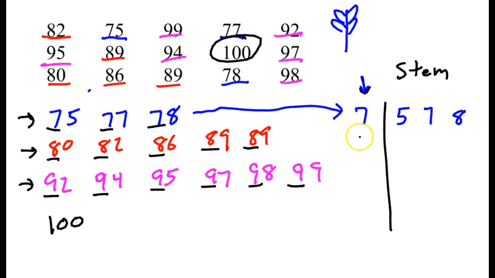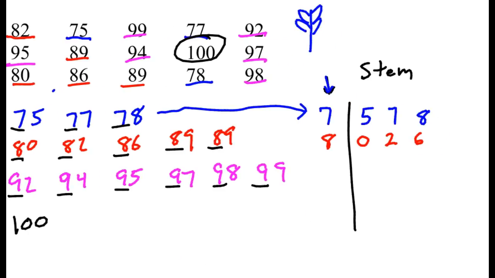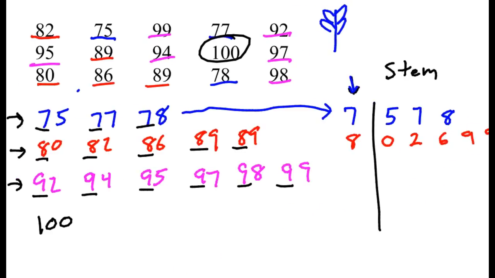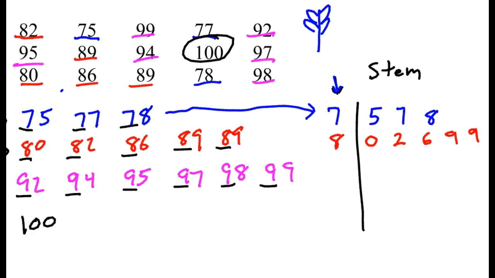So here is 80. I'll put the 8 that's in common with all of them, and then following would be 80, 82, 86, 89, and 89. And then same thing for 90.